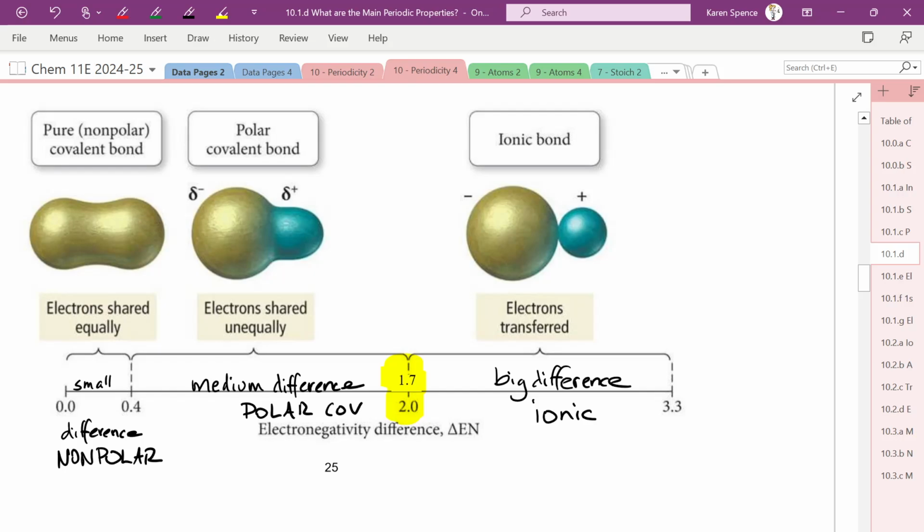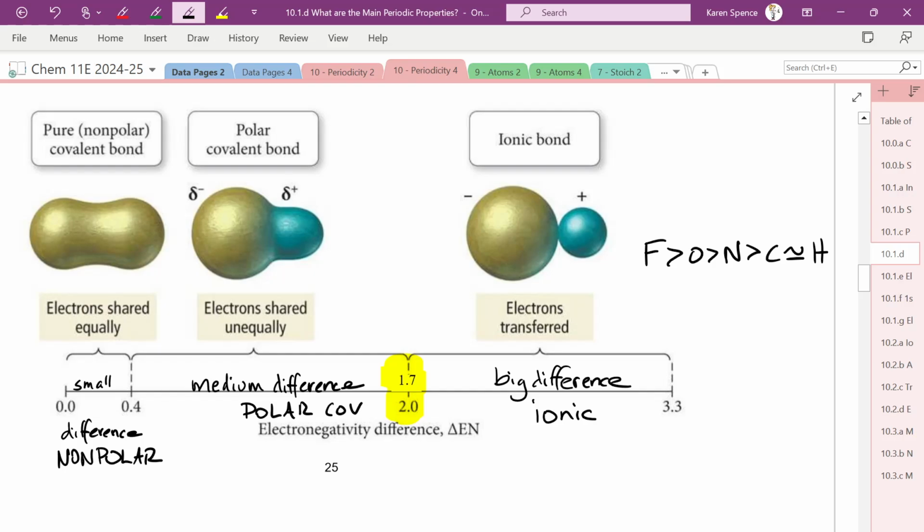Just know your general things and know FONCH. Do you know your FONCH? Okay, F is greater than O is greater than N is greater than C, which is approximately the same as H. And that's really all you need to know about, okay?